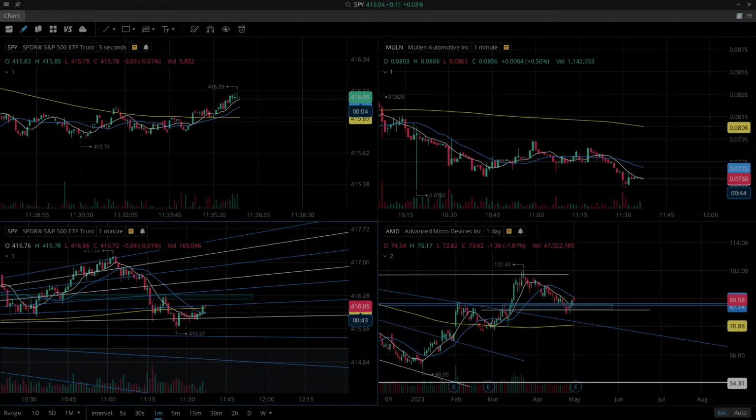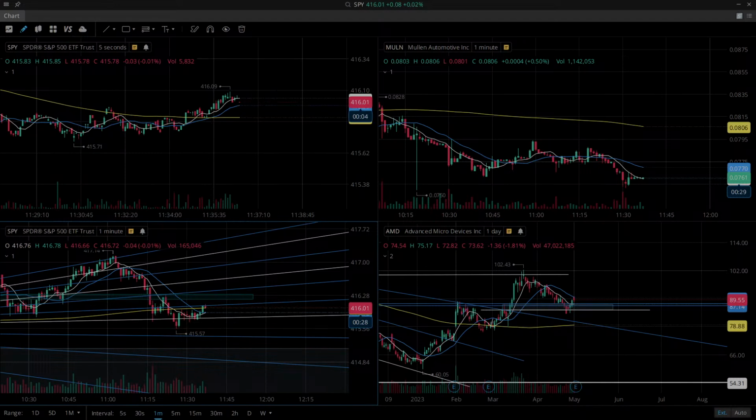Keep going. It's just very choppy. No, it's going to pull back again. Come on, tag 41.92.